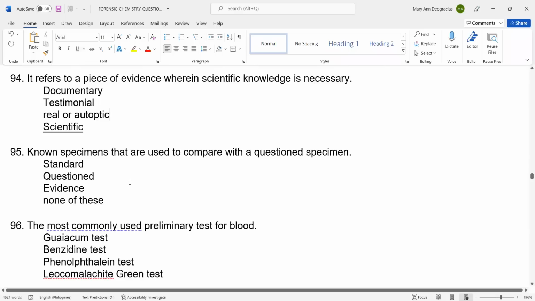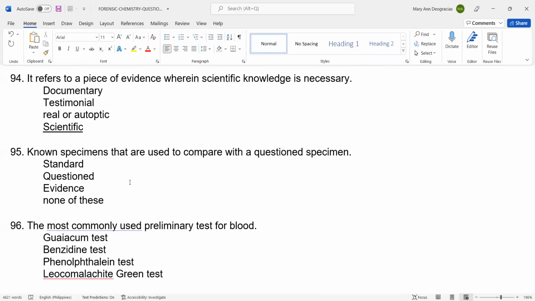Known specimens that are used to compare with that of the question. A, standard. B, question. C, evidence. D, none of this. Okay, so letter A, standard. So our answer is standard.